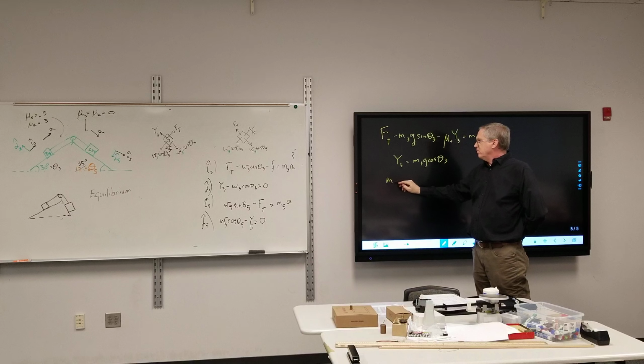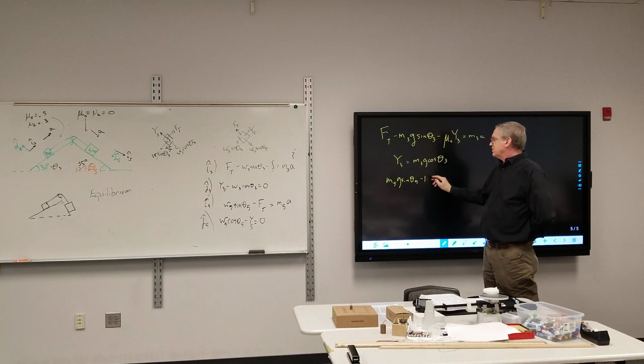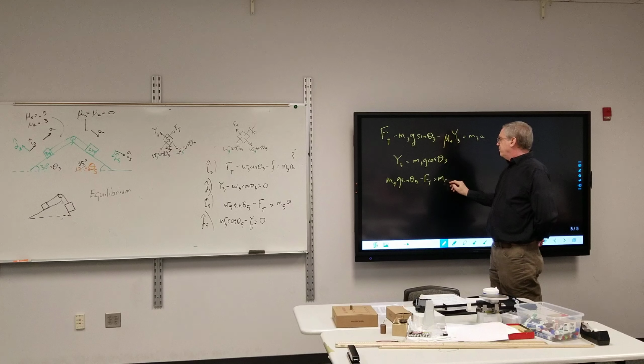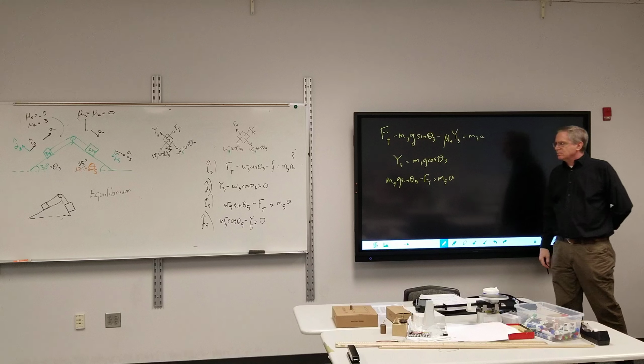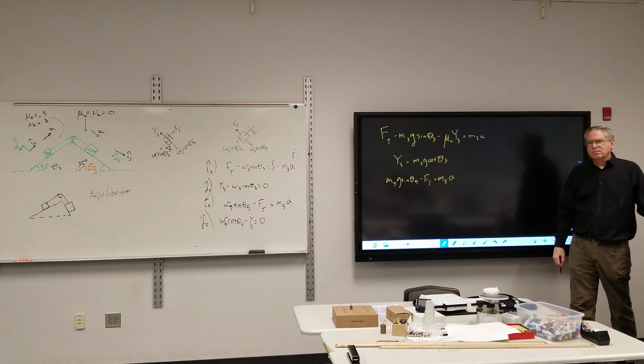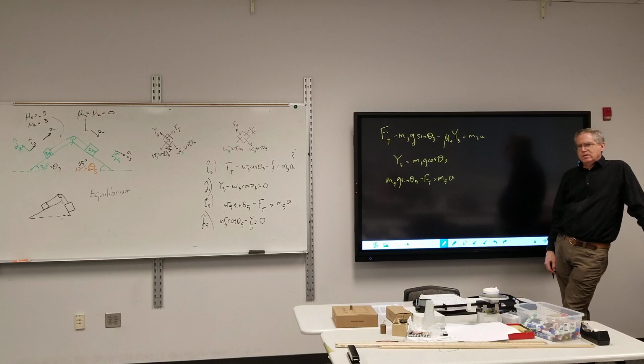And m5 g sine theta 5 minus the tension is equal to m5 a. Can you explain why it's the static friction times the normal force?